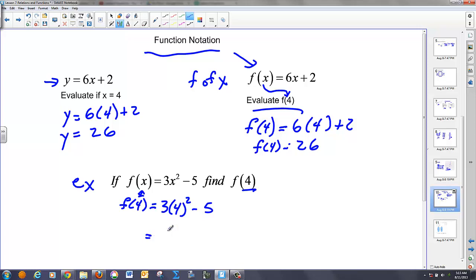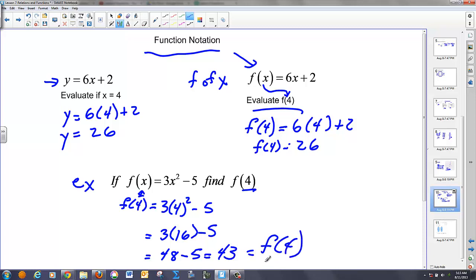Notice x has been replaced by the 4. Order of operations says we do exponents first. 4 squared is 16, so 3 times 16 is 48, minus 5, or 43, which is equal to f of 4.